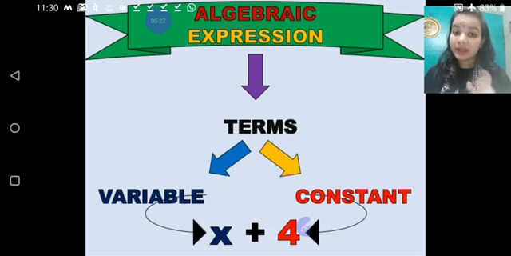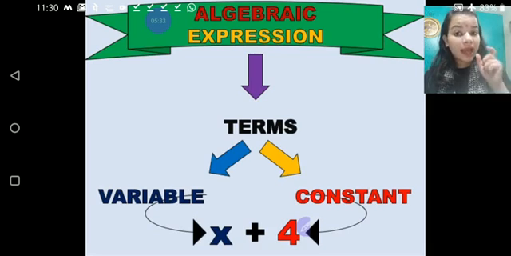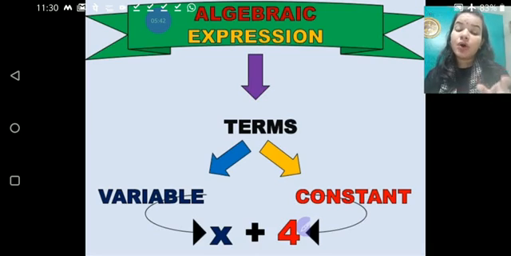So that is your variable. The number that is written alone, its value cannot change. If you write x plus 10, can the value of 10 change throughout your problem? No, but the value of x you don't know, so that is the variable. 10 is your constant here, the value that will not change. And the expression that is formed, x plus 10, that is your algebraic expression. Such expressions are known as algebraic expressions.